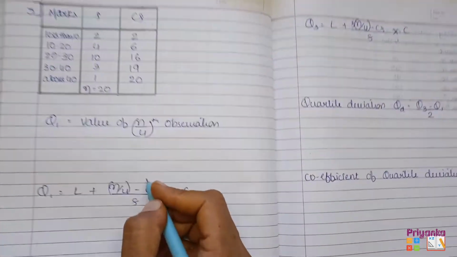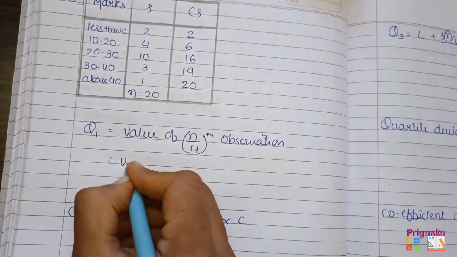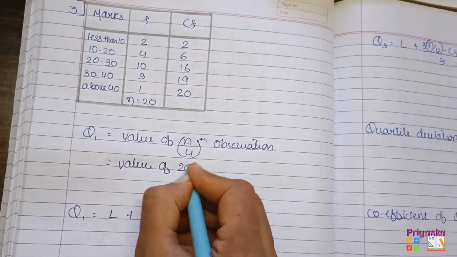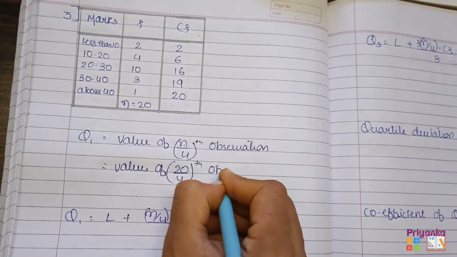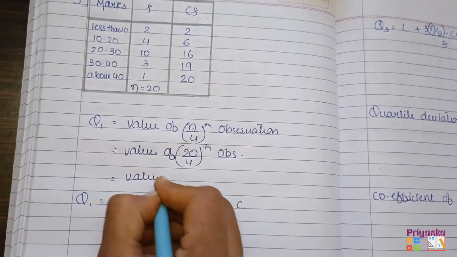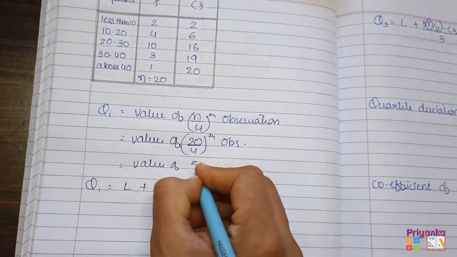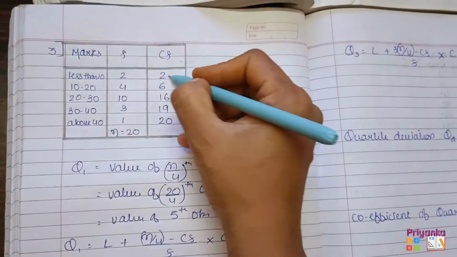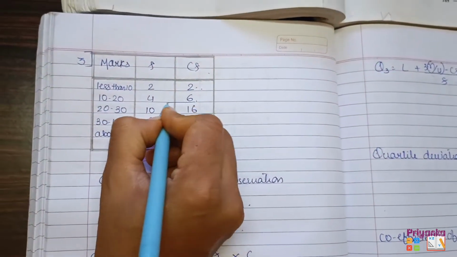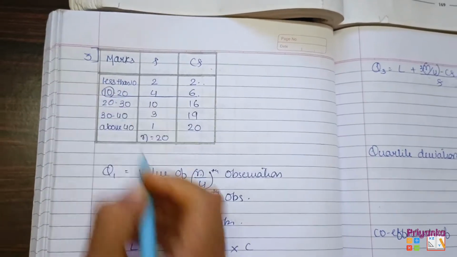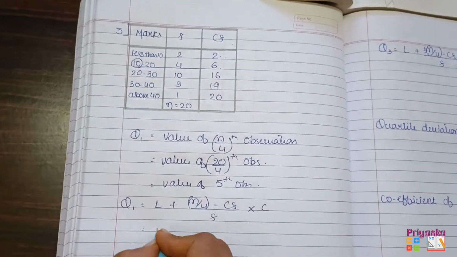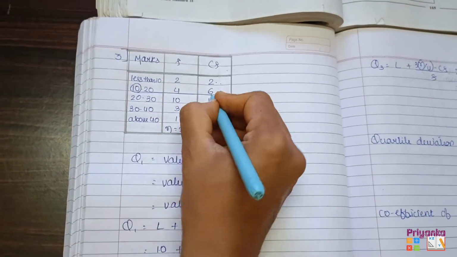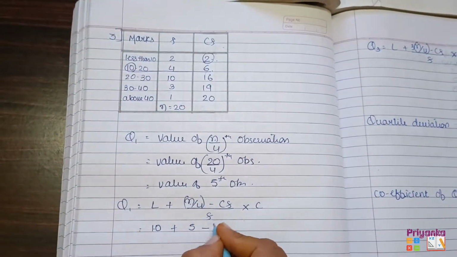तो first we'll find the value of n upon 4, where n is the total frequency, 20 divided by 4, so we'll get the 5th observation. तो 5th CF में जाके ढूंढो कि भाई 5 नंबर 2 नंबर is less than 5, तो 6 में आएगा, जहाँ पे ये हो गया हमारा लोअर फ्रिक्वेंसी, that is 10. n upon 4 just now we found is 5, minus CF, मतलब उसके ऊपर वाला नंबर, that is 2.